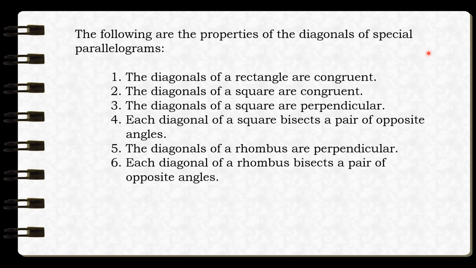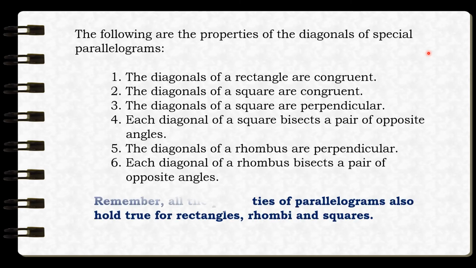And 6, each diagonal of a rhombus bisects a pair of opposite angles. Remember, all the properties of parallelograms also hold true for rectangles, rhombi, and squares.